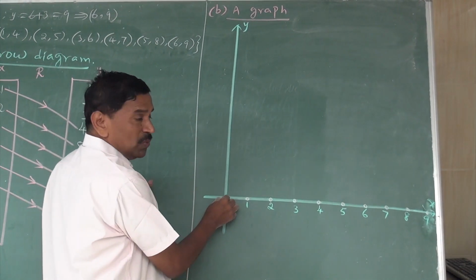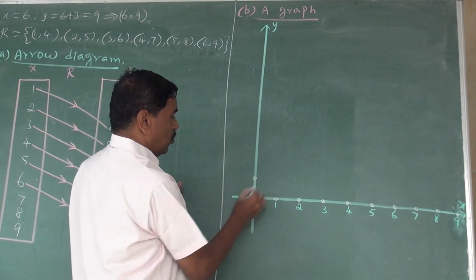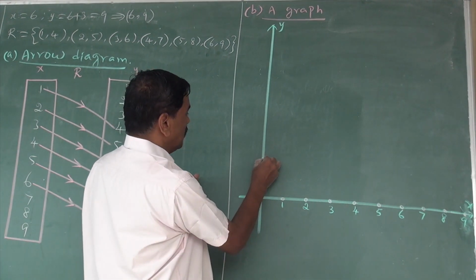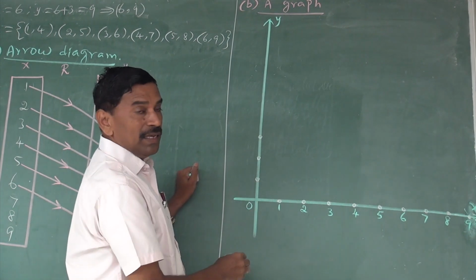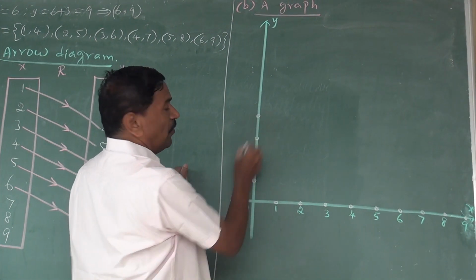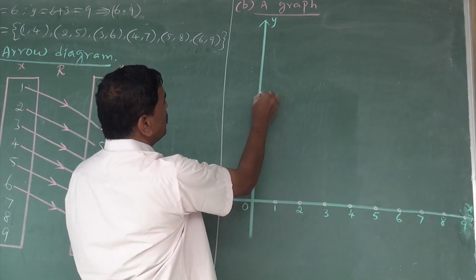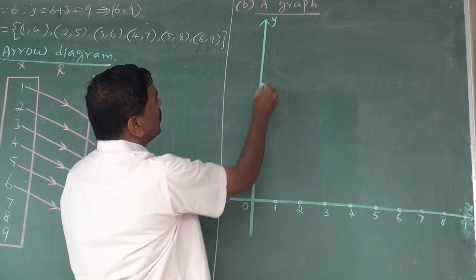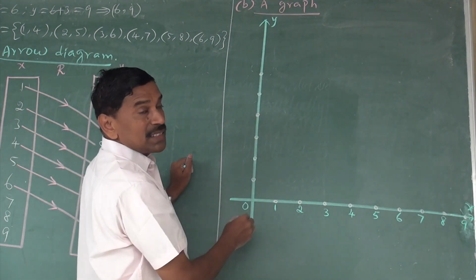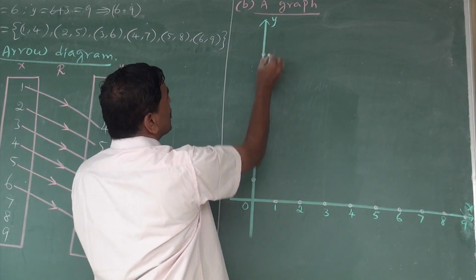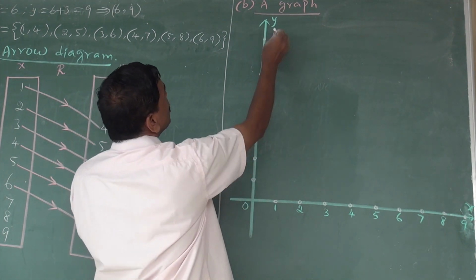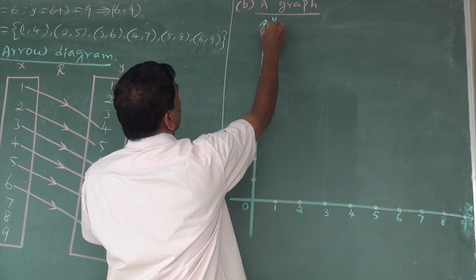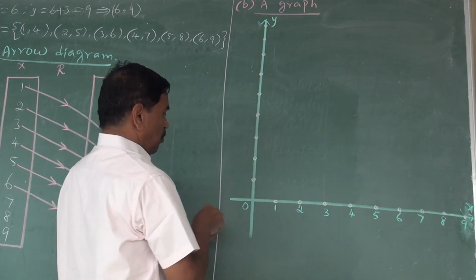Along y-axis, 0. Next, 1, 2, 3, 4, 5, 6, 7, 8, suppose 9 here. Now plot the points.